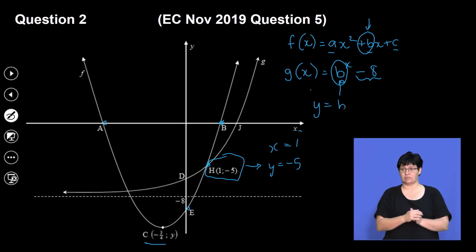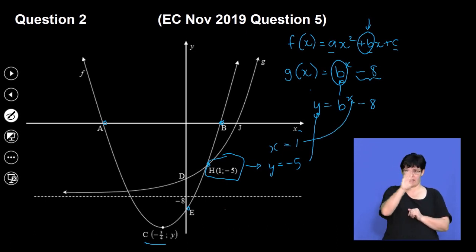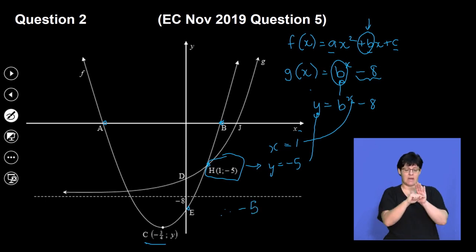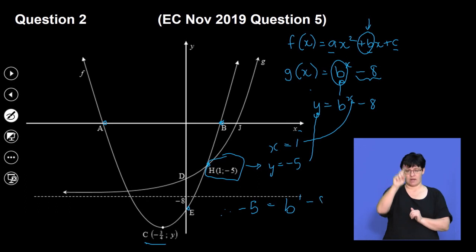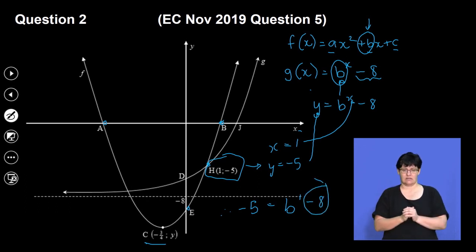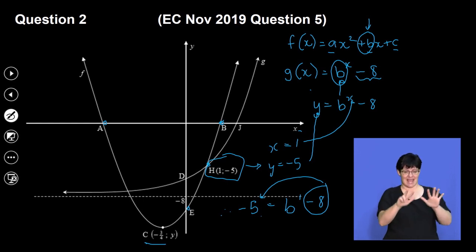So if y is equal to b to the power of x minus 8, I'm going to sub the -5 into there, and I'm going to sub the 1 into there. So therefore, -5 is equal to b to the power of 1 minus 8. I'm going to take that over to there. So I've got -5 plus 8 gives me 3 is equal to b.